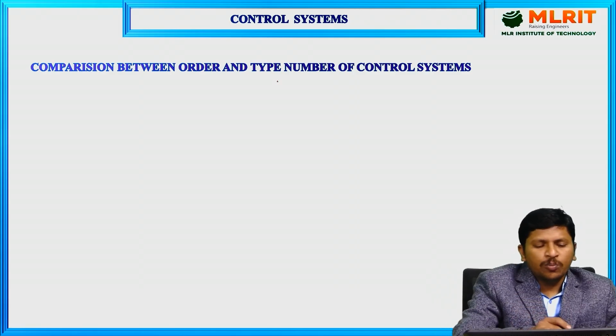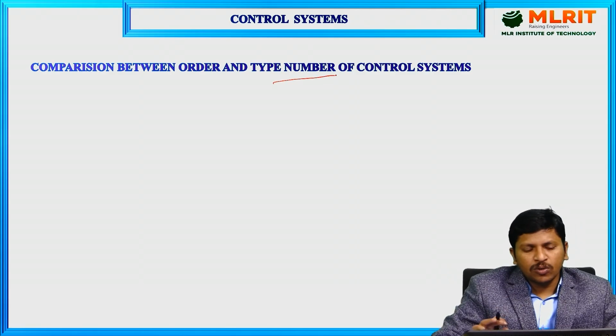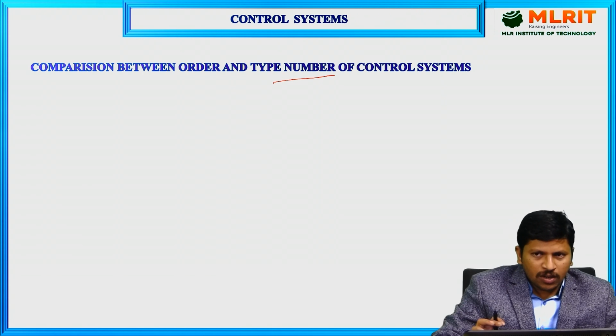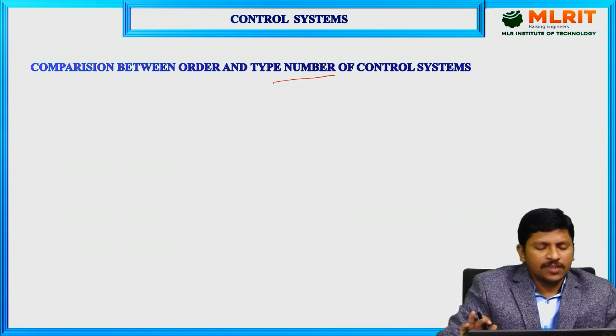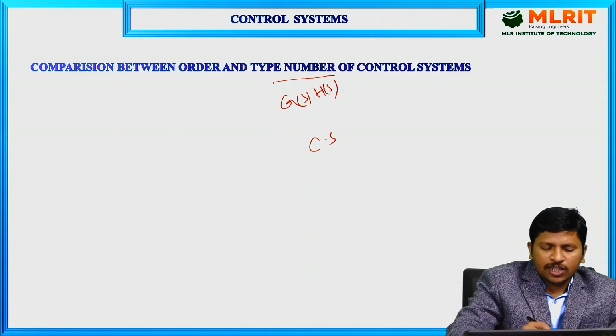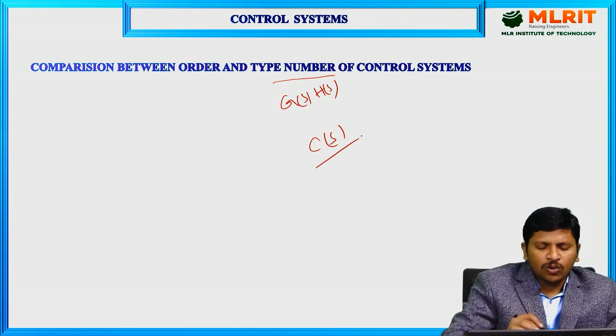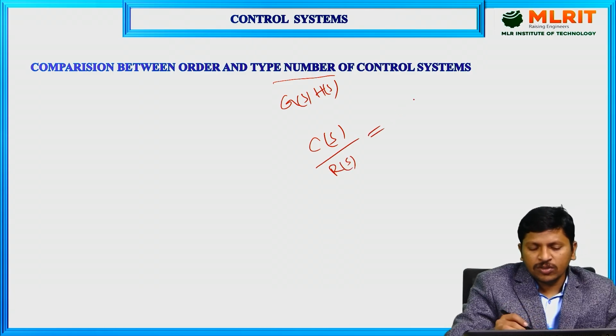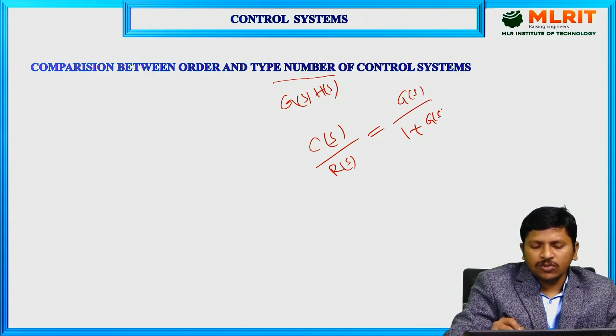In closed loop only, we are going to get the loop transfer function, that is G(s) into H(s). G(s) into H(s), this is the loop transfer function. Just observe, if we are having any closed loop control system, C(s)/R(s) equals G(s) divided by 1 plus G(s) into H(s).